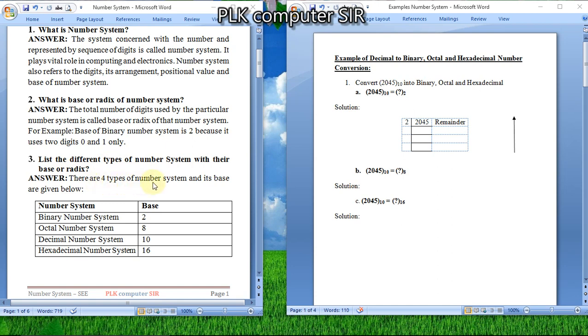There are 4 types of number system and their bases are given below. Binary number system base 2, octal number system base 8, decimal number system base 10, hexadecimal number system base 16.